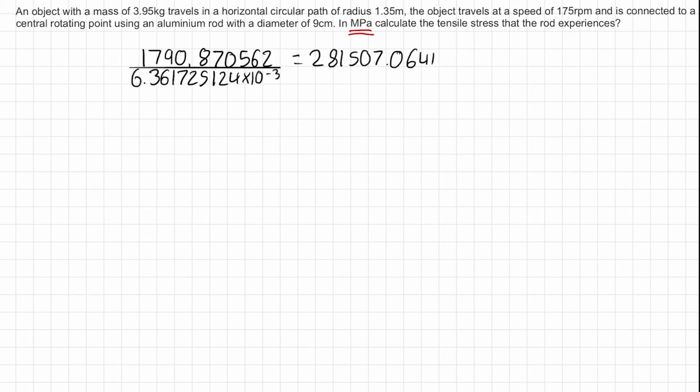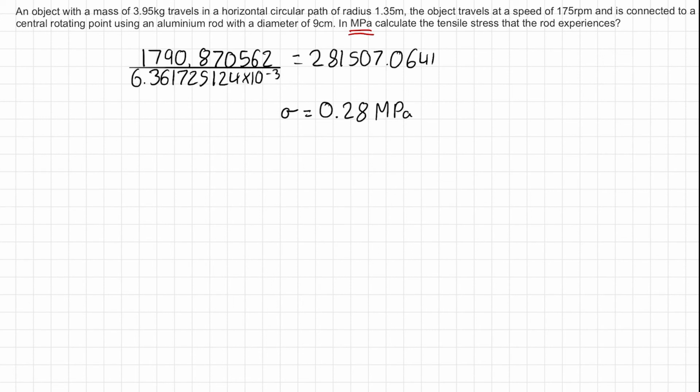That can be done on the calculator using the ENG button, which then gives us a tensile stress of 0.28 megapascals, remembering to add the units at the end, because that's another important step. If you don't add the units, in some cases some examiners may get lost about what you're talking about.